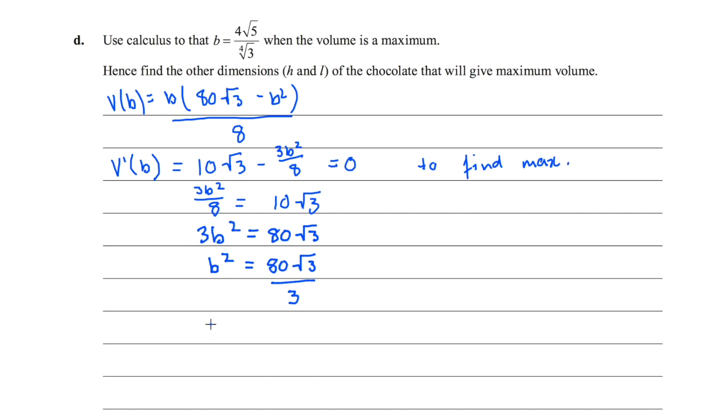So we take the square root of both sides, b equals, all right, let's write root 3 as an index. So it's the square root of 80 times 3 to the power of 1/2. The reason we're doing that is it means that we don't have a square root under a square root, divided by the square root of 3.